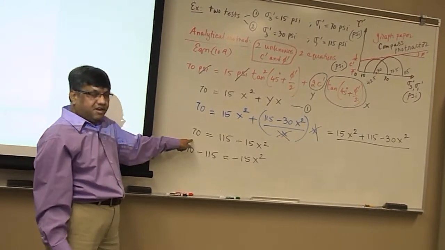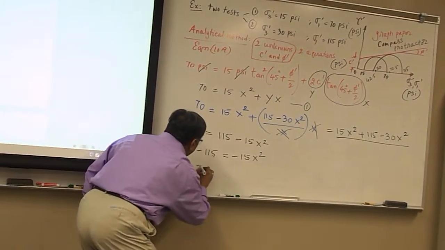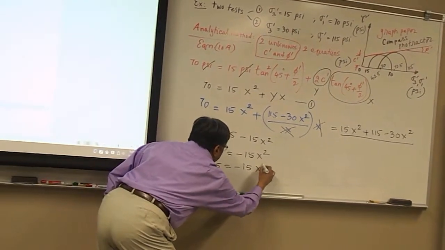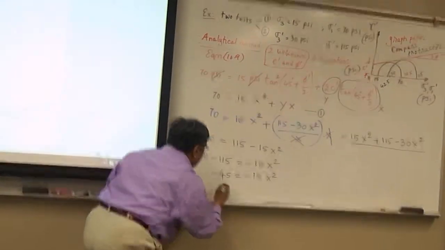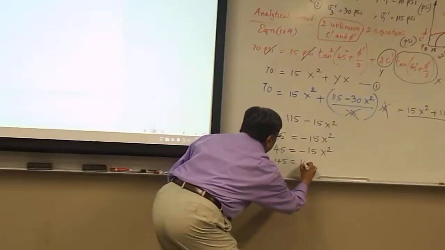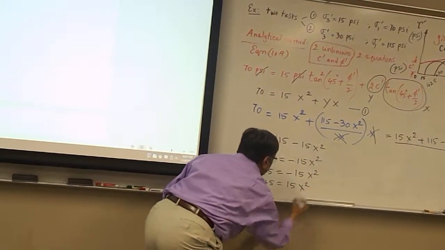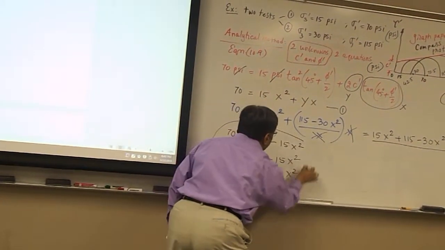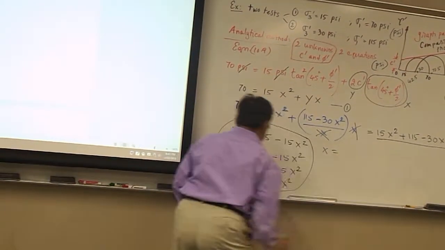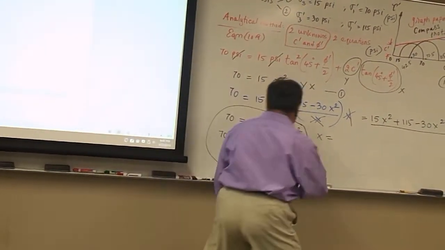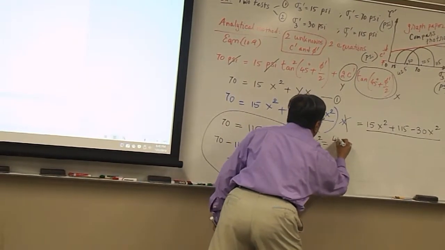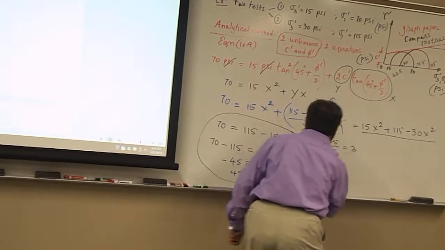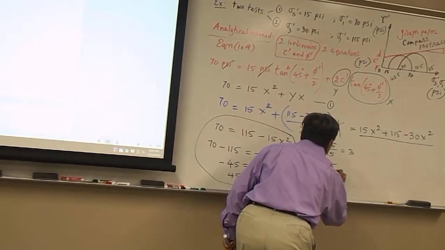I took 115 to the side. So this is minus 45 is minus 15 x squared. That means 45 is 15 x squared, or from this we can say that x squared is 45 divided by 15, that is 3. That gives x equals square root of 3.